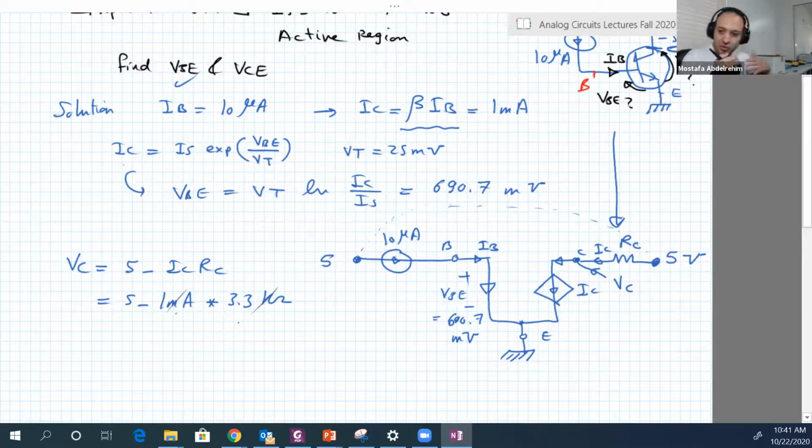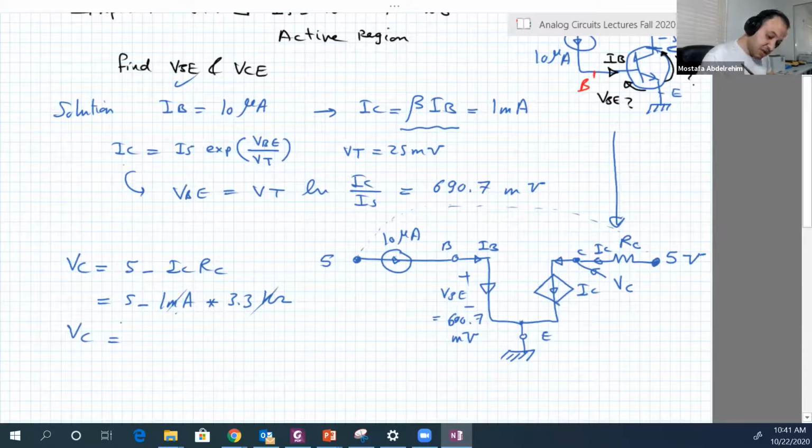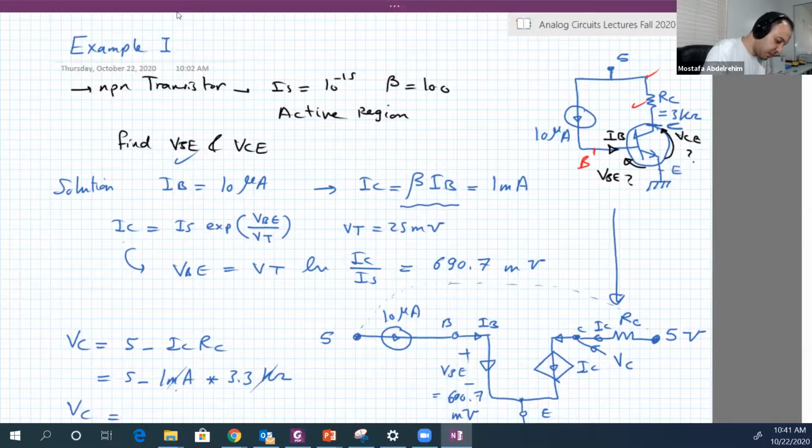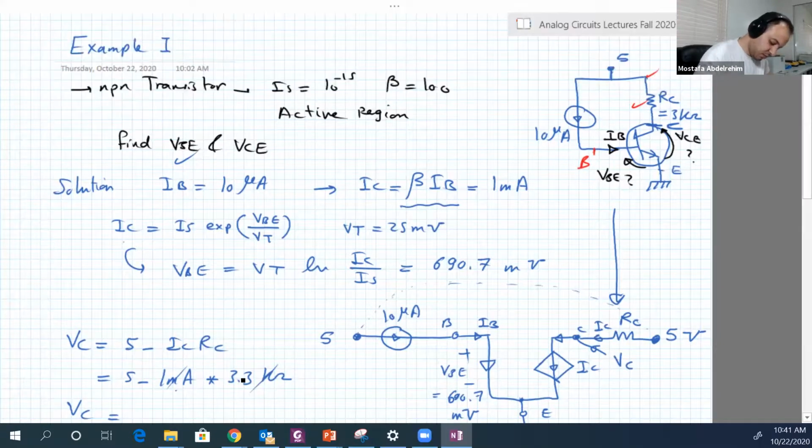You don't need to convert ohms or milliamps to amps, because they will cancel each other most of the time. Okay, so VC will be equal to, I'm sorry, this is 3 kilo ohms, not 3.3. Okay, so based on that, VC will be equal to 2 volts.